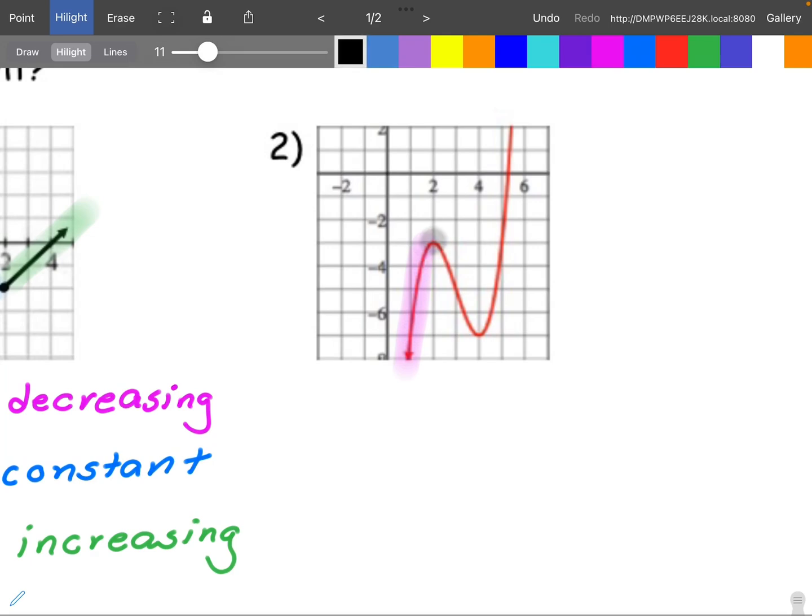So at this point, it ceases increasing and it changes to decreasing. So we can say that from negative infinity to an x value of +2, the graph is increasing.